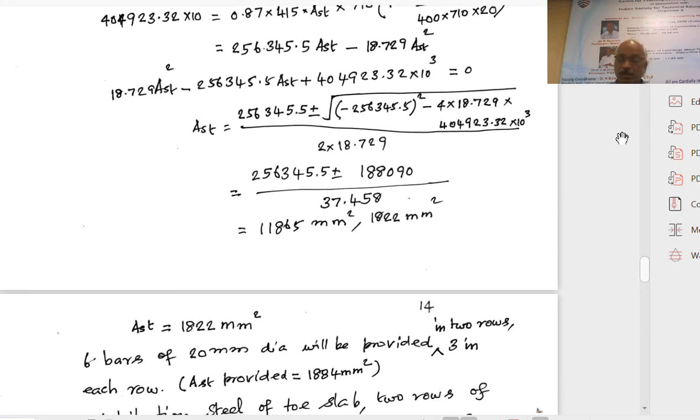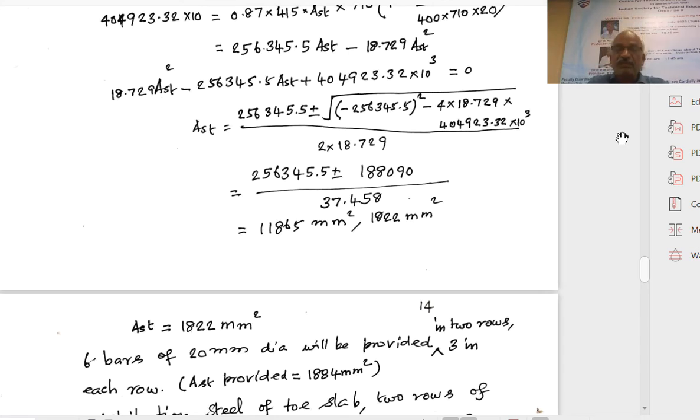Already we assumed 20 mm diameter bars whose area of cross section is 314 mm square. Therefore, let us provide 6 bars of 20 mm diameter, so that 6 into 314 will be 1884. What is required is 1822. We have provided 1884 mm square.